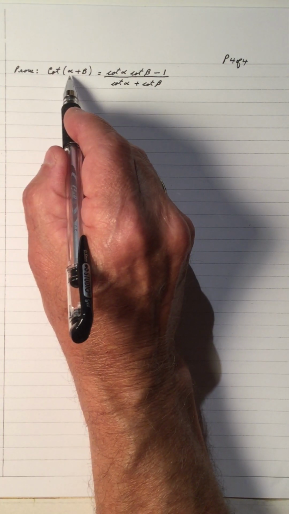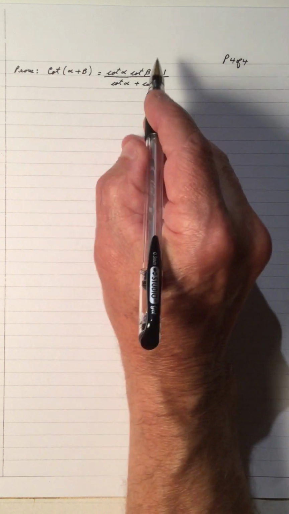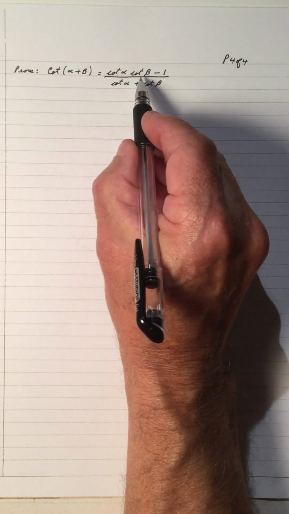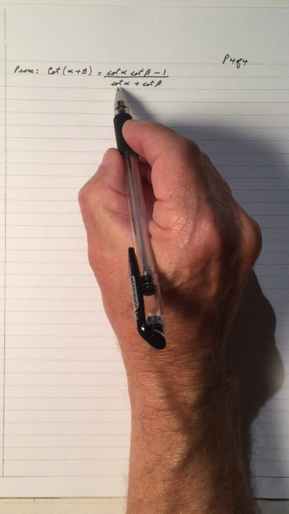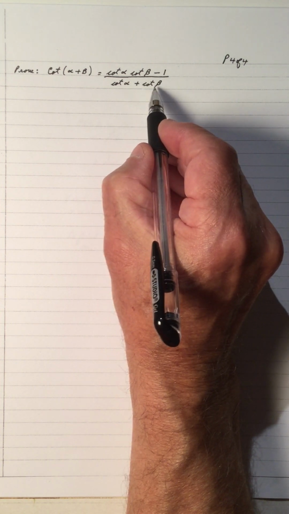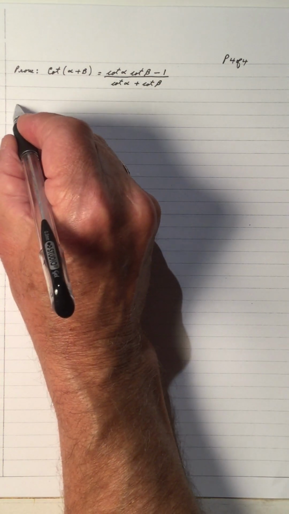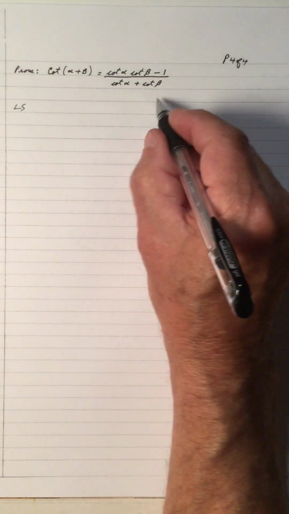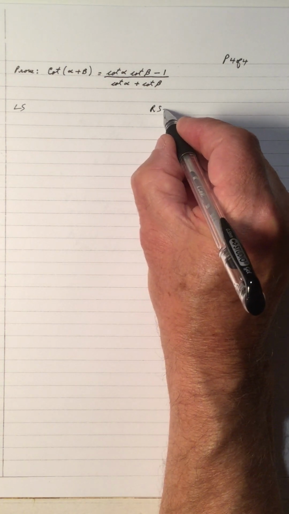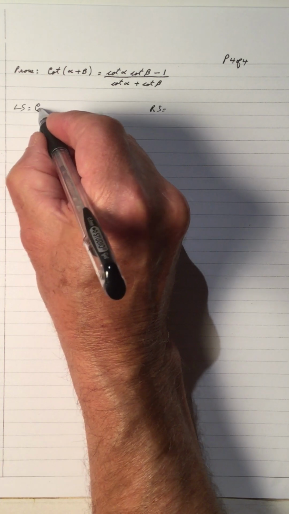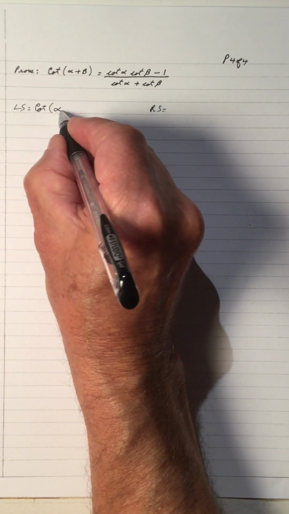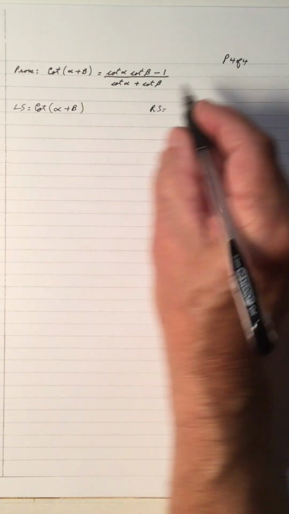Prove that the cot of alpha plus beta is the cot of alpha, cot beta minus 1 over the cot of alpha plus the cot of beta. Well, we have again a left side and a right side. The left side is cot of alpha plus beta.